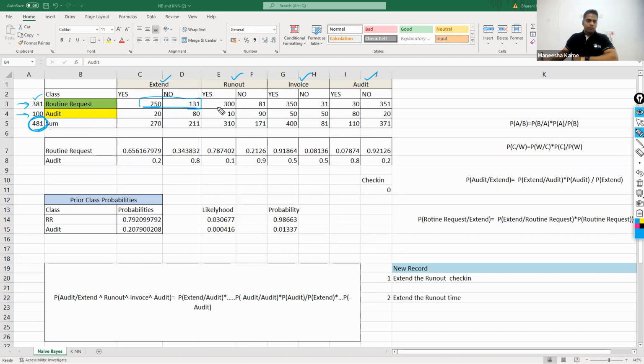Then run out was there in routine requests: out of 381, in 300 you had the word run out, and in another 81 you did not. Invoice was there in 350 out of 381 requests. In another 31, invoice did not exist. Then in 30 out of 381 we had the word audit, and in 351 out of 381 we did not have the word audit.